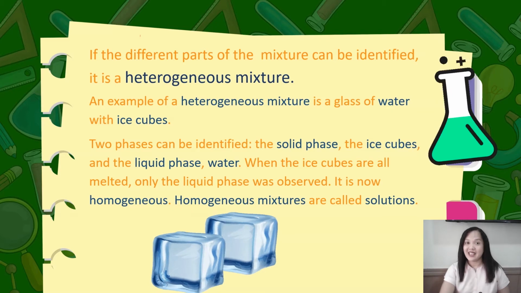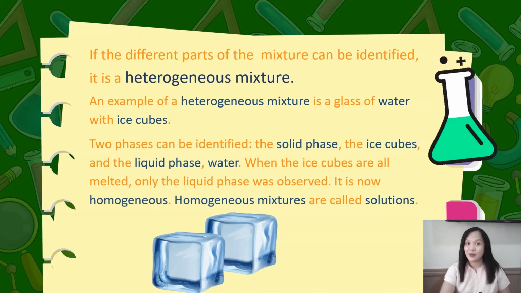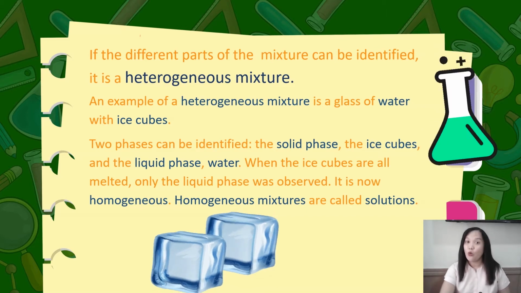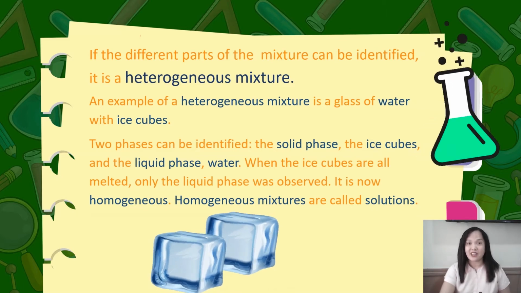Two phases can be identified: the solid phase, the ice cubes, and the liquid phase, water. When the ice cubes are all melted, only the liquid phase is observed. It is now homogeneous. Homogeneous mixtures are called solutions.